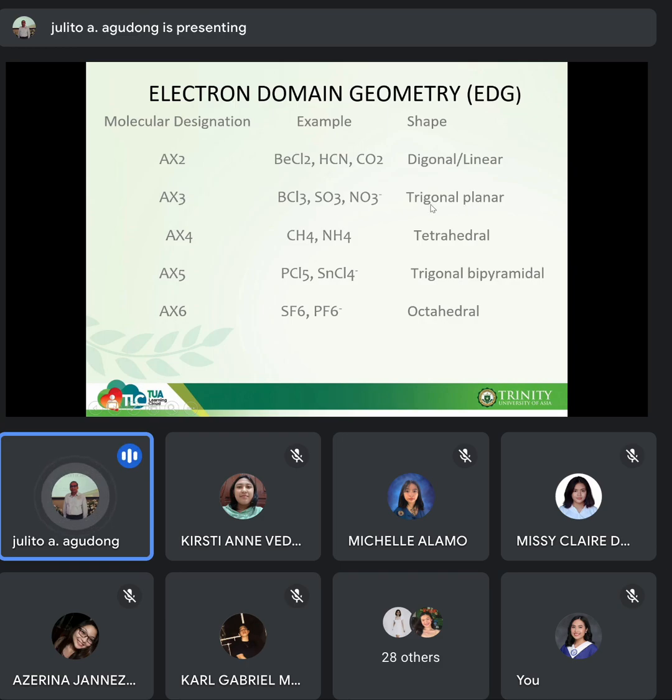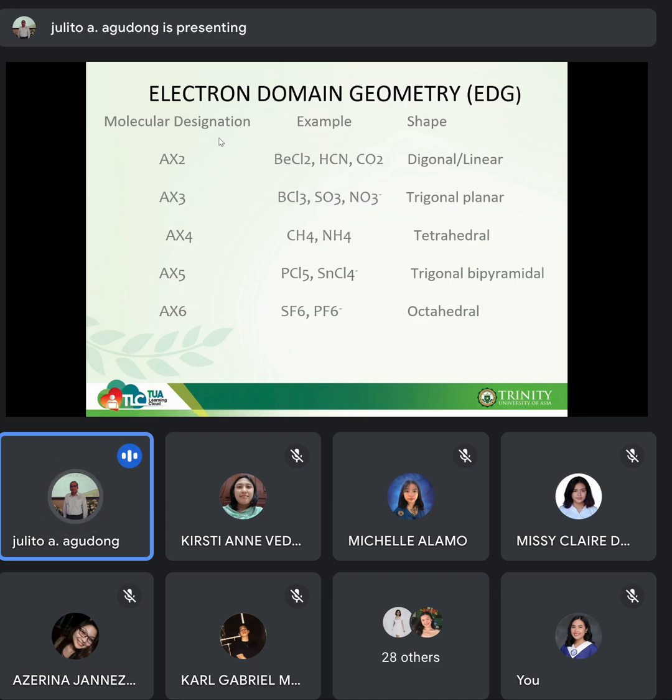Examples of molecules that exhibit such shape class would be your boron trichloride, your sulfite ion, and your nitrate ion. Okay? Please be sensitive with these different molecules that exhibit such different electron domain geometry.